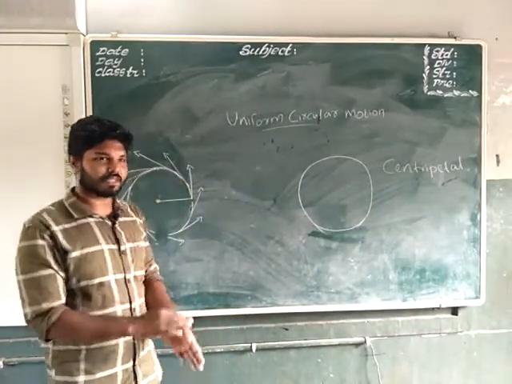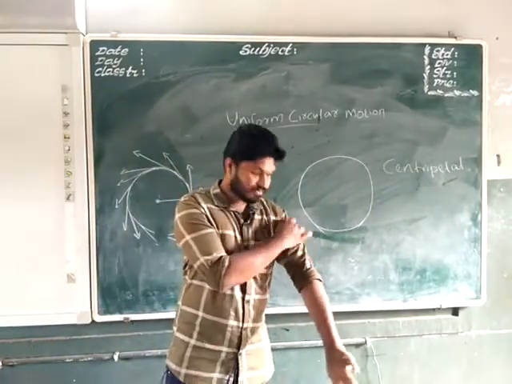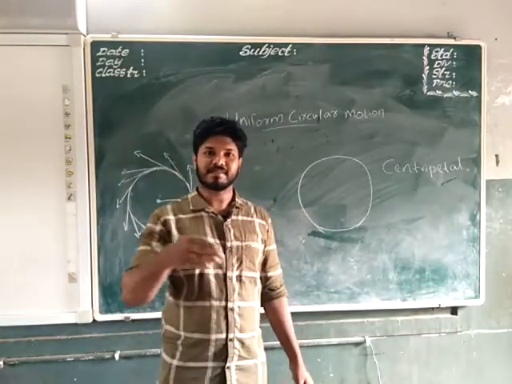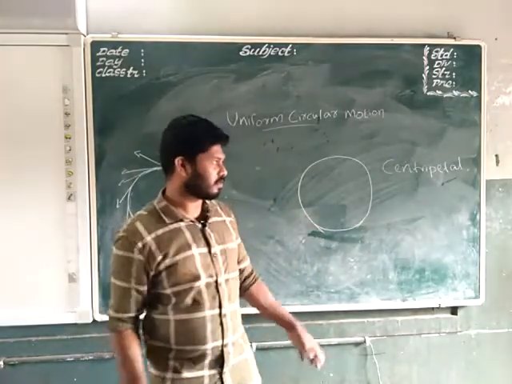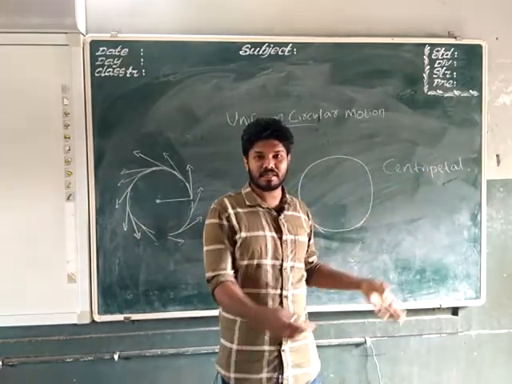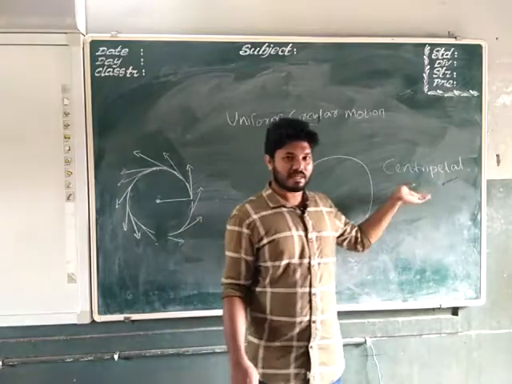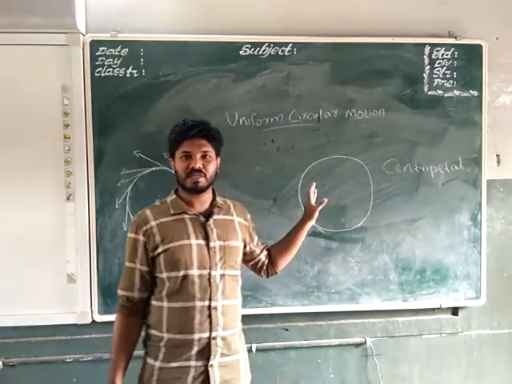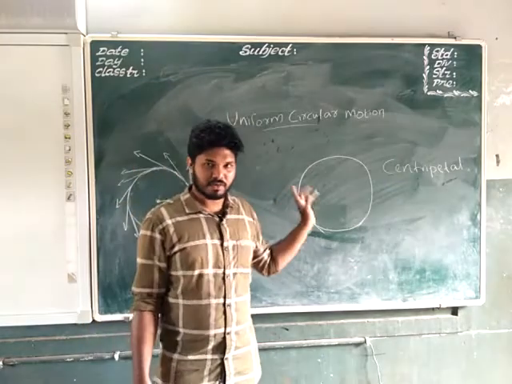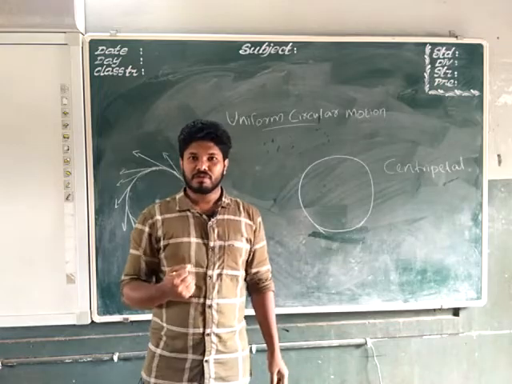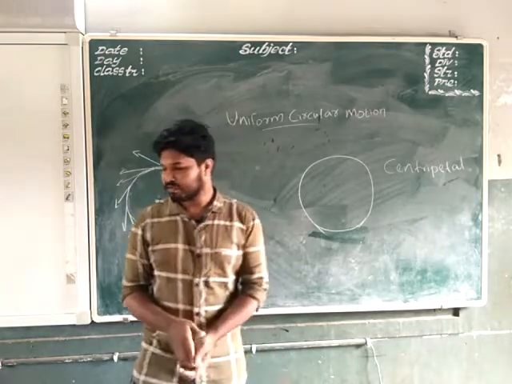The opposite of that is centrifugal force, which you will study in 11th, that is plus one or plus two. Now, it is centripetal force, that is center seeking force. So in circular motion, the body is moving in a circle only because of the force we give to attract it to the center of the motion.